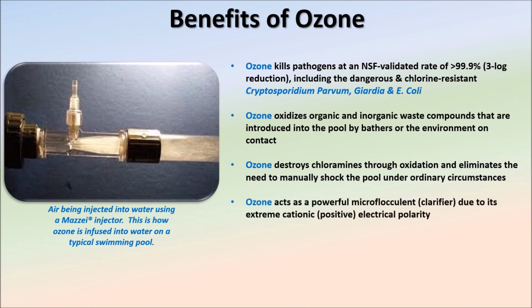And, due to its powerful positive electrical charge, ozone pulls microparticles in pool water into ones that are large enough to be filtered out. This greatly enhances the clarity and sparkle of the water. Finally, a very significant intangible benefit that the customer will realize is a huge reduction in chlorine consumption, normally somewhere between 50 and 75% in the typical residential family pool.